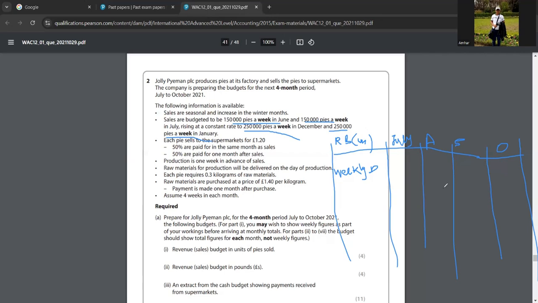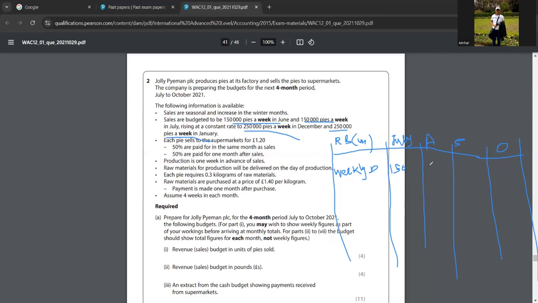So for July it will be 150,000. For July, 150, correct. For August, it will be 170,000. Why 170,000?